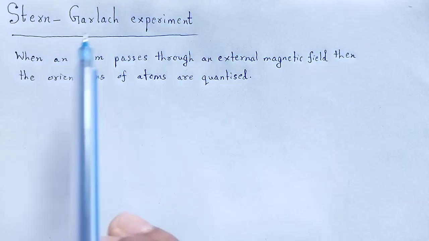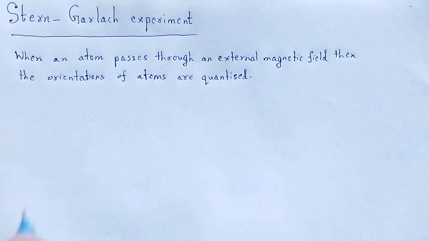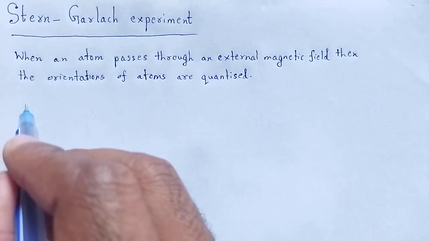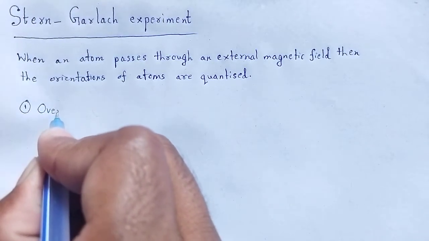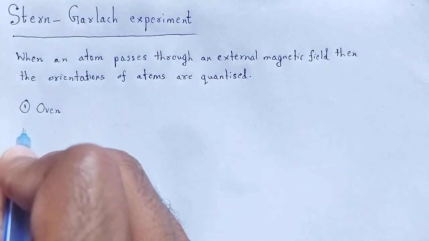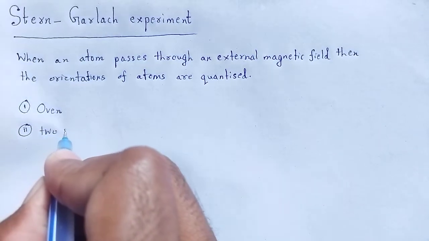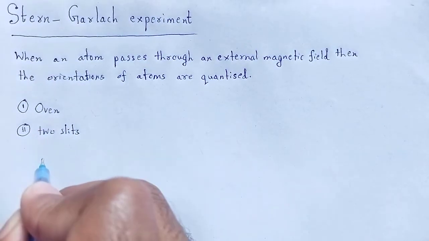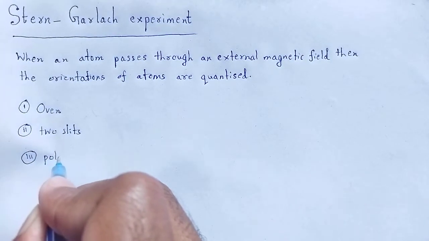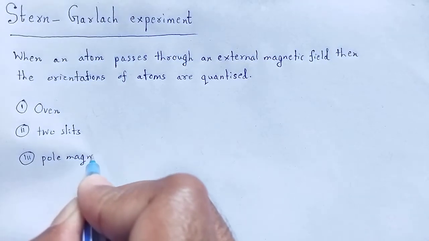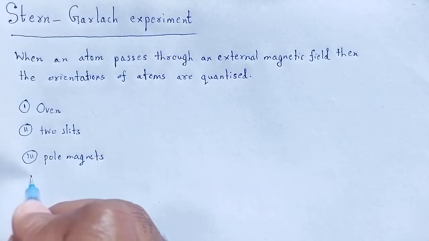To perform that experiment, Stern and Gerlach used one oven, two slits, pole magnets that are specially designed, and photographic plates.